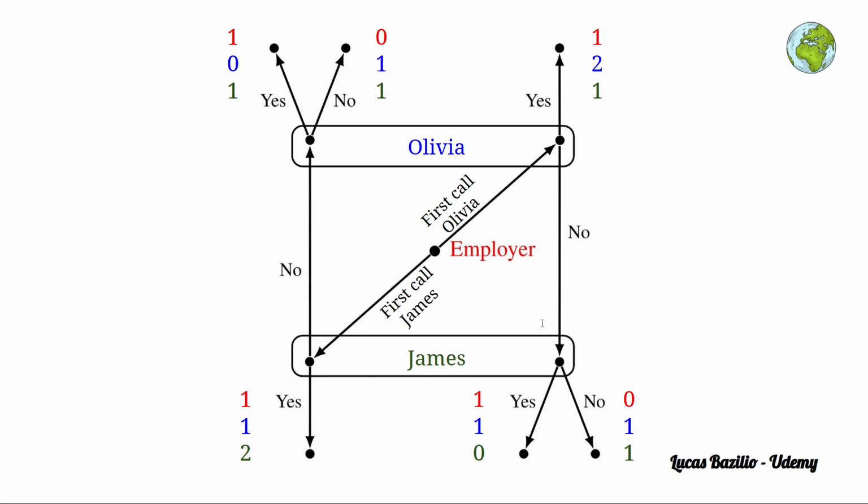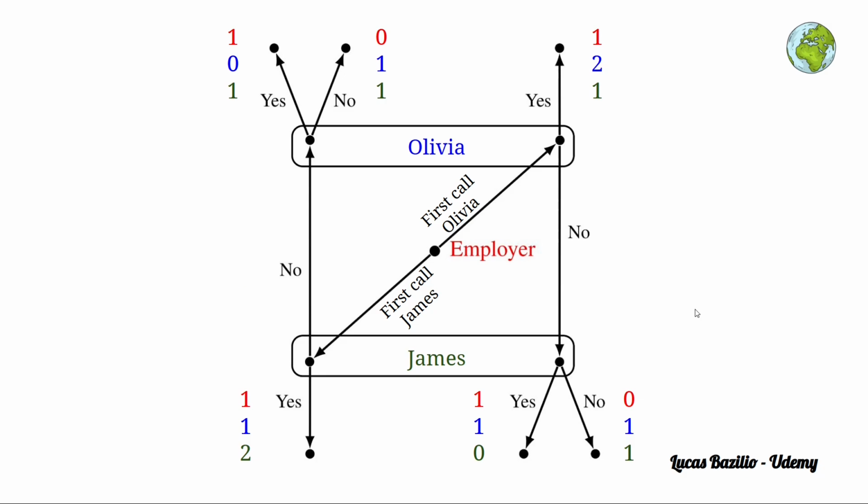The same applies to James. He also has an information set with two decision nodes, one where he is the first person to be called by the employer, and one where he is being contacted only after Olivia has turned down the offer.